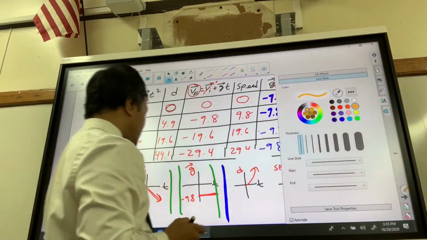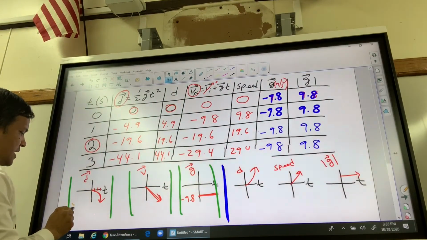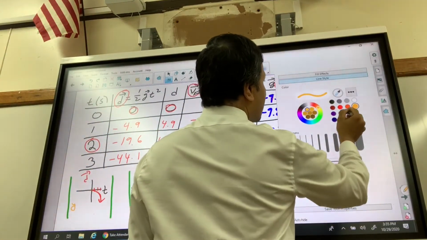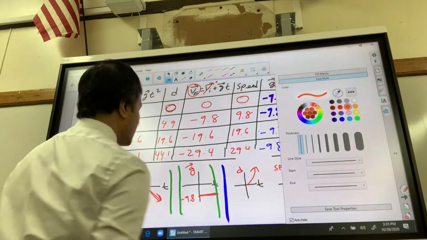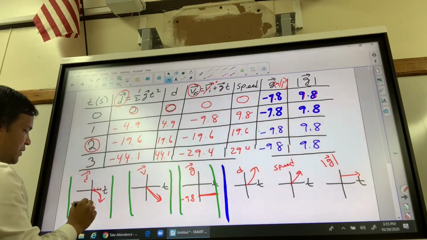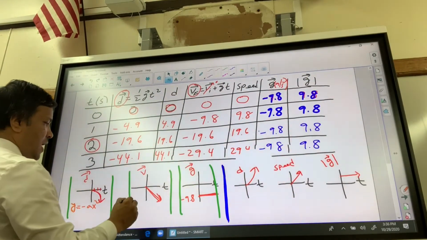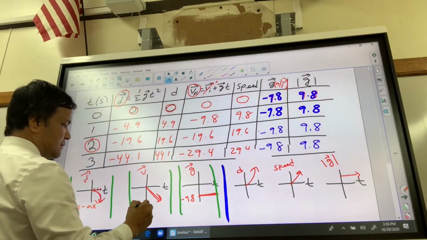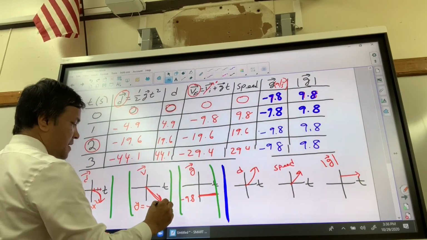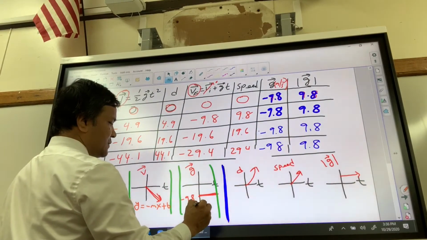The displacement is y equal to negative a x squared, the velocity is y equal to negative m x plus b where b is 0, and the acceleration is y equal to negative c.